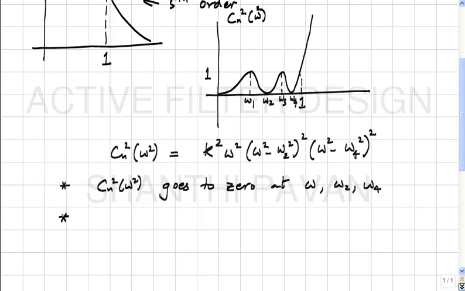We also said that it's not simply enough if I find some polynomial which goes to 0 at 0, omega 2 and omega 4. In other words, an arbitrary choice of omega 2 and omega 4 will make Cn square, the polynomial squared, go to 0 at those frequencies.